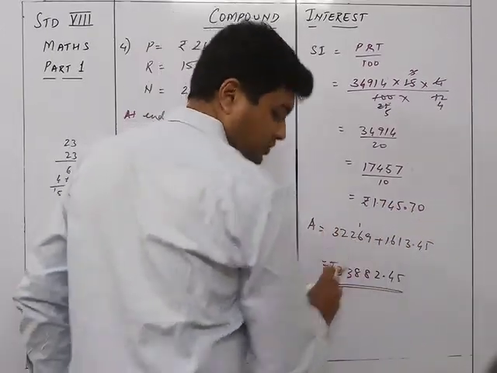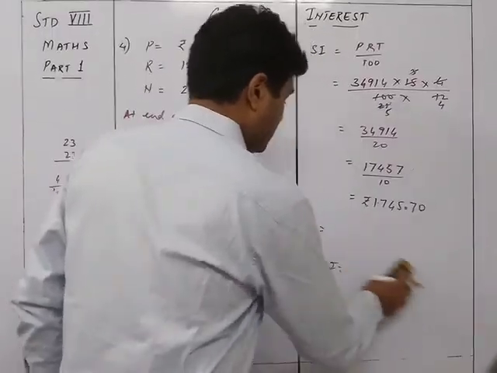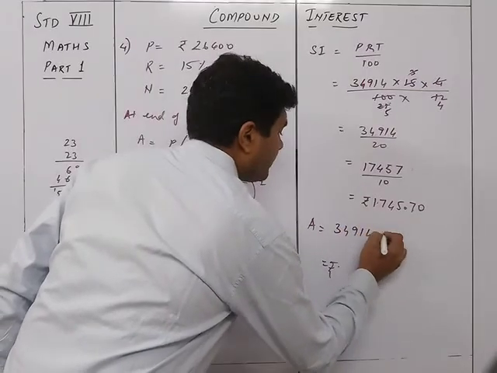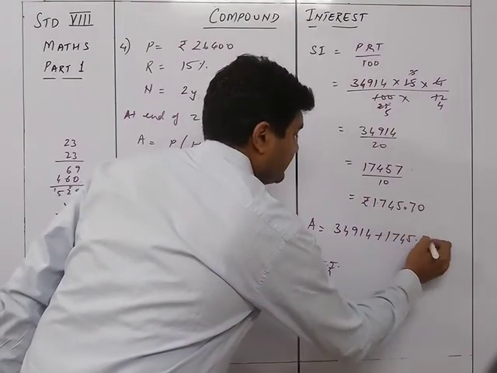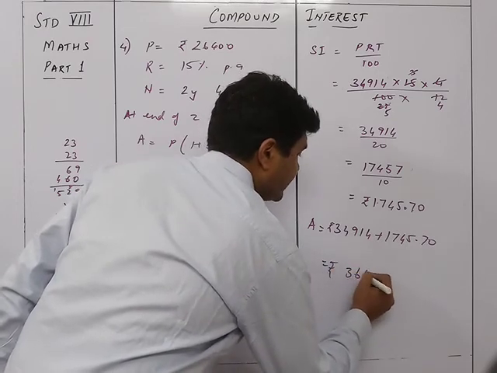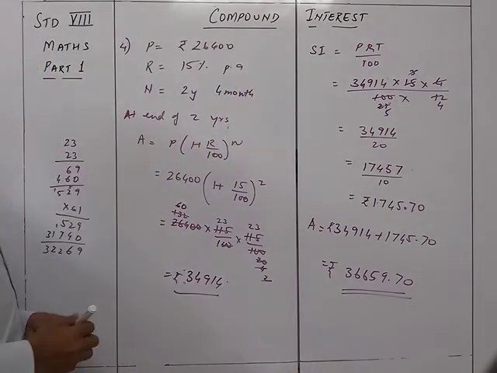So accordingly, this completely changes to 34914 plus 1745.70, giving you the answer as total rupees 36659.70. That's the answer for sum number 4.